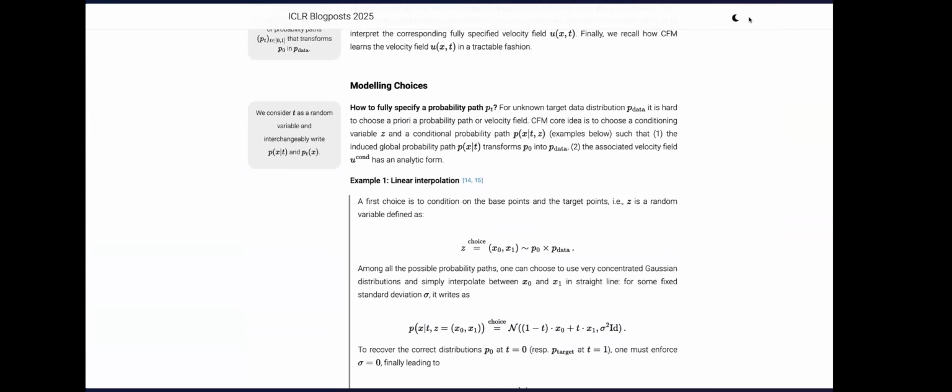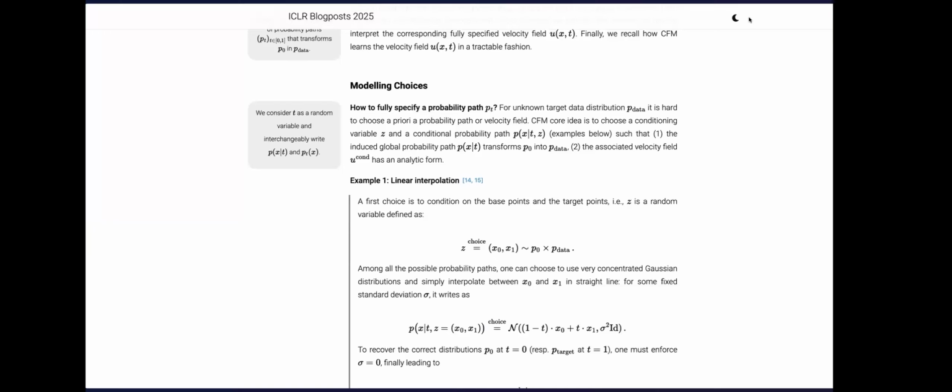It might not make sense until we actually take a time derivative of this. The time derivative of this is what? x1 minus x0, that is, t times x1 plus (1 minus t) times x0, differentiated.